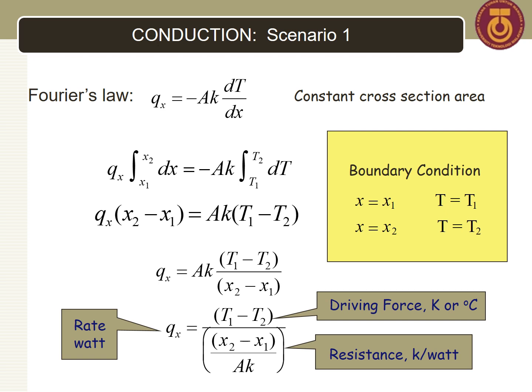This is the equation we derive for heat transfer rate. You can see here Qx has the unit watt, meaning joule per second. If you divide by A, Qx over A, this quantity becomes heat flux, and the unit is watt per meter squared.